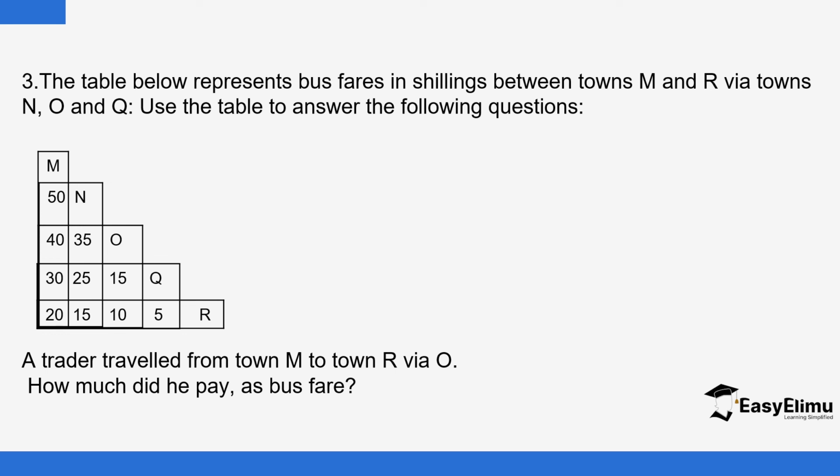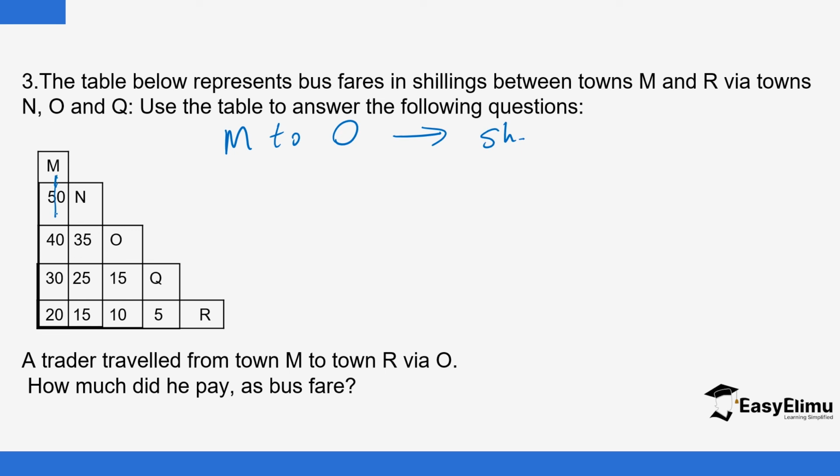So a trader traveled from M to R via O. So how much did he pay as bus fare? So we check M. In this case, we start from M to O because this trader moved from M to O first. So how much were they charged?